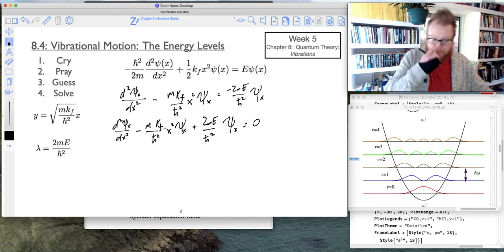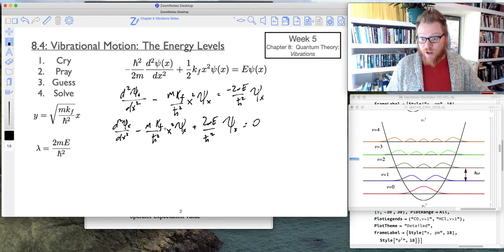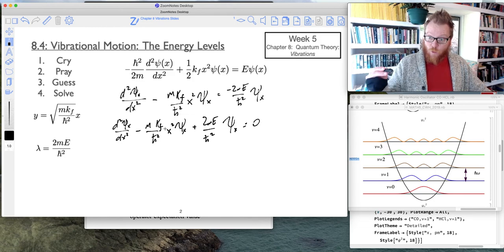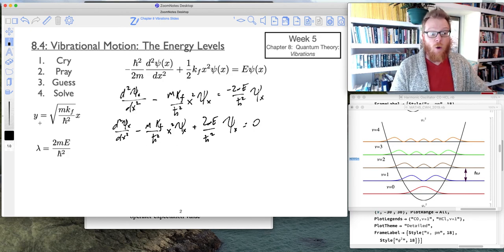And so what's going to happen, we're going to rewrite our Schrodinger equation in a way that we can get rid of all of these constants. And we're going to switch letters. Don't worry, there's a reason for switching the letters, and we're going to come back to that in more detail, okay? So I'm going to switch to using y. And I'm going to write here second derivative of psi of y over dy squared, okay?